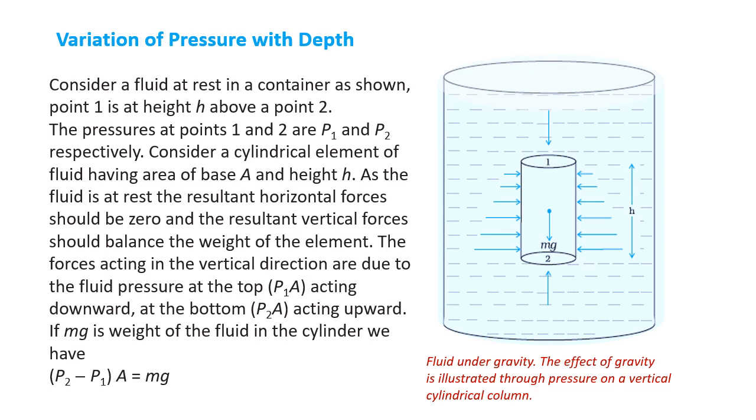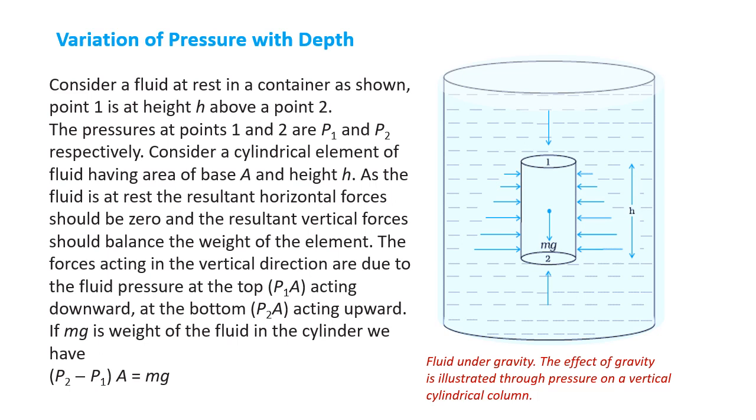Variation of pressure with depth. For this, consider a fluid at rest in a container as shown in the adjacent diagram. Point 1 is at a height h above a point 2. The pressures at points 1 and 2 are P1 and P2 respectively.